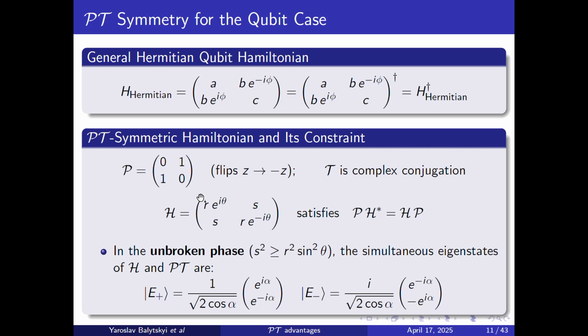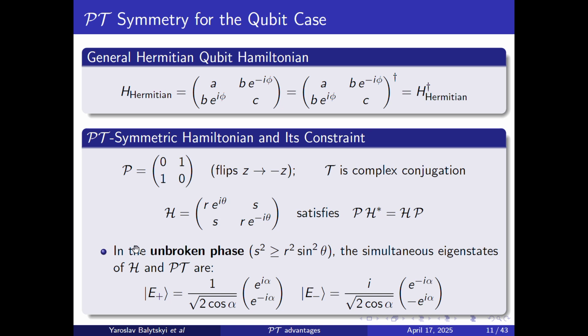If you take a look at this, you can see that this Hamiltonian is PT-symmetric, because if you apply the T operator, which is just complex conjugation, and multiply by P from the left, it is the same as multiplying H from the left and P on the right, and T acts on the right.